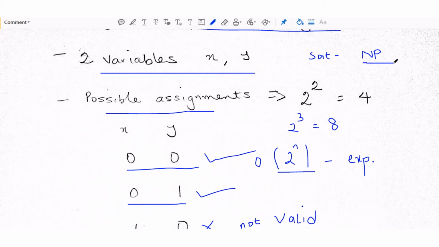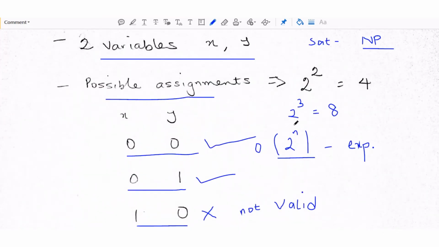So we say this is in the time complexity of NP.